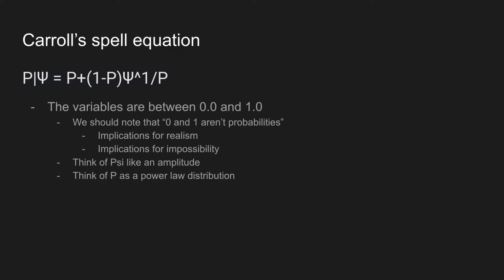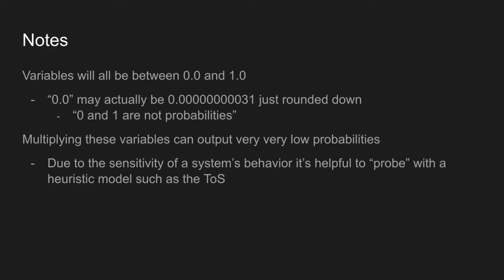But I want you to think of psi as basically an amplitude and p as a power law distribution. You could think of it as a Gaussian distribution, but I think in most cases we're talking about a power law distribution or a fat-tailed distribution, which is going to be more effective. Okay, so if you see 0.0 written here in one of the spreadsheet snapshots that I provide later, it very well might be a truncated number.